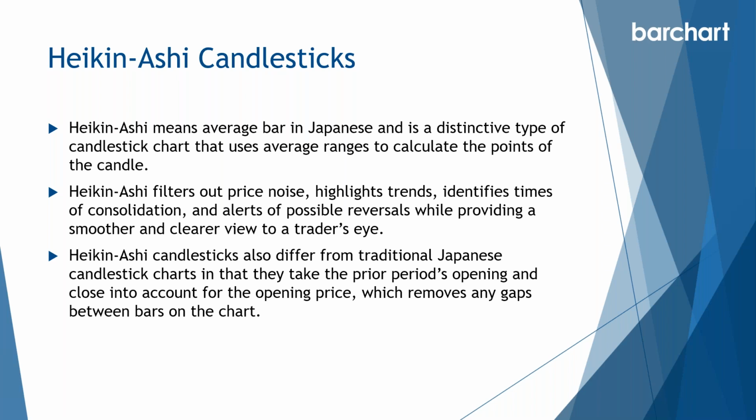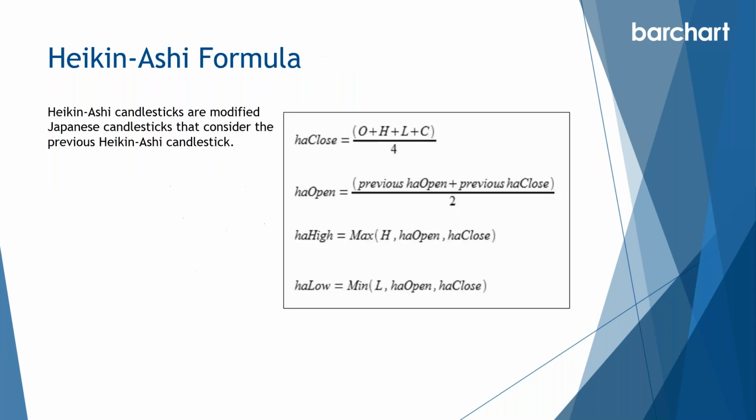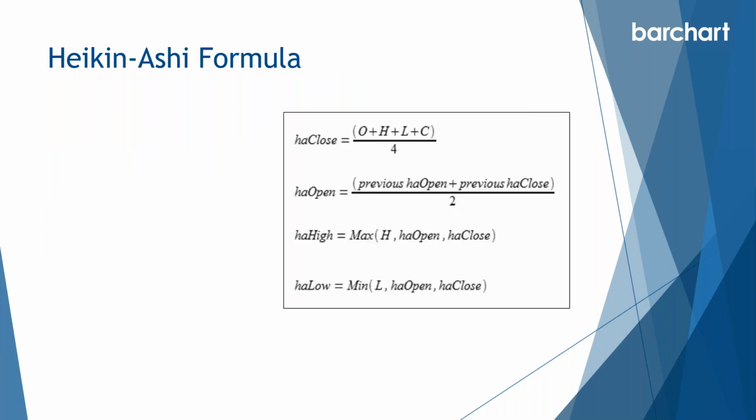Now, what are these formulas? Well, they're all based on different components, and some of them are based on previous candlestick data, the information from the previous Heikin Ashi candle.